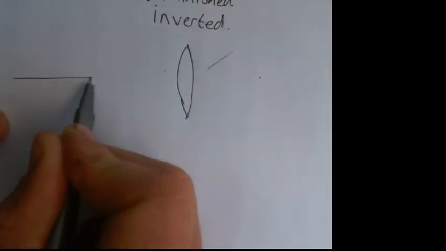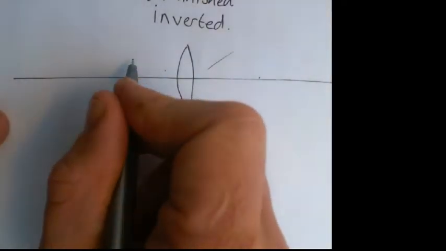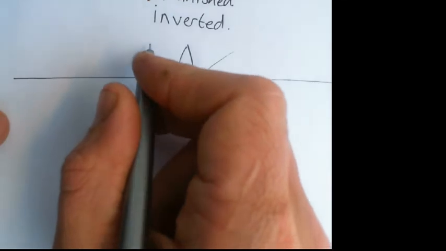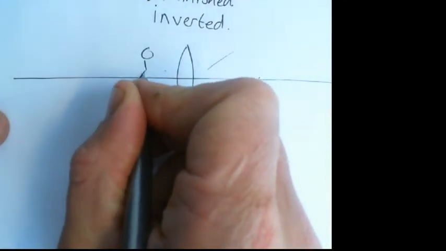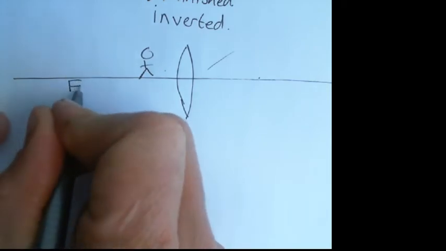Let's draw my line through the middle. And let's put my object here this time. And this time I'm going to say that's my f there. So this time I'm closer than f.